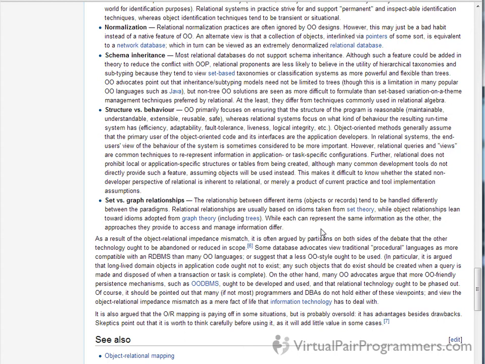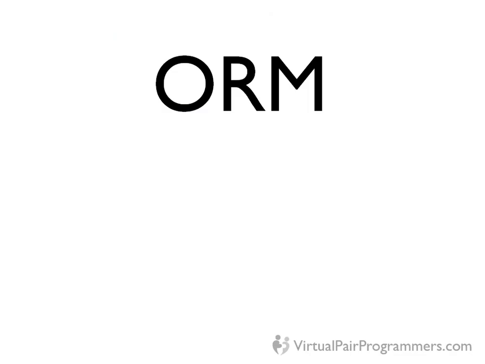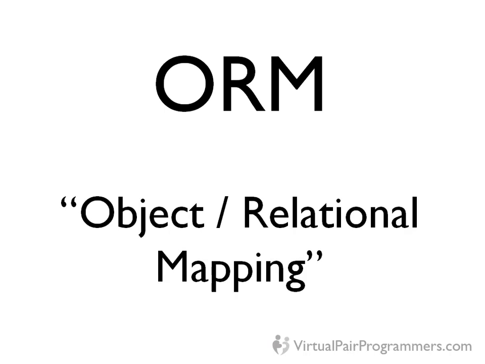So, all of these mismatches, or tensions as I called them, get in the way of us writing great code for our projects. The solution that the industry has come up with has a general term, which is called ORM. It stands for Object Relational Mapping.